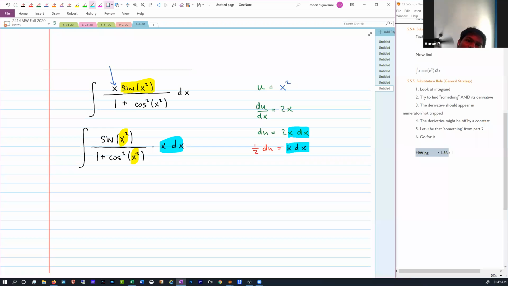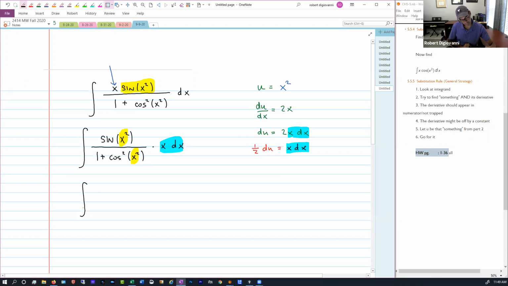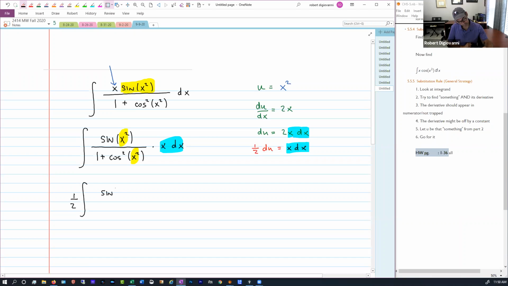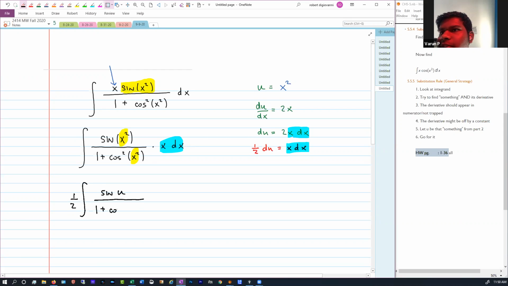That's a lot more than we've gotten with the other two u substitutions. Okay, so let's just rewrite the integral. So Varun, go ahead. I'm going to let you tell me what to put here. So would that be 1/2 outside the integral, then sine of u on the numerator, and then for the denominator, would it be 1 plus cosine squared u?